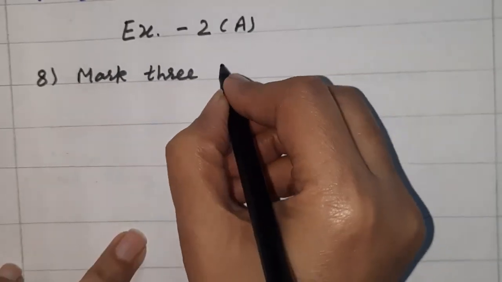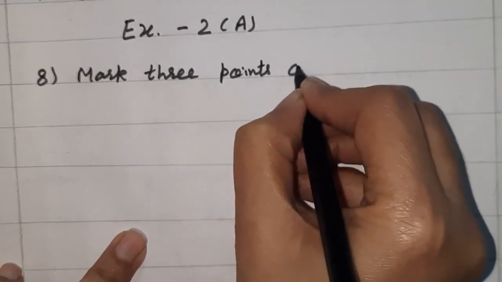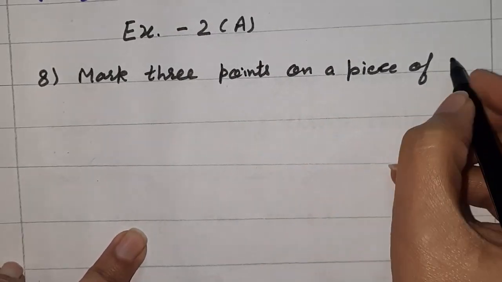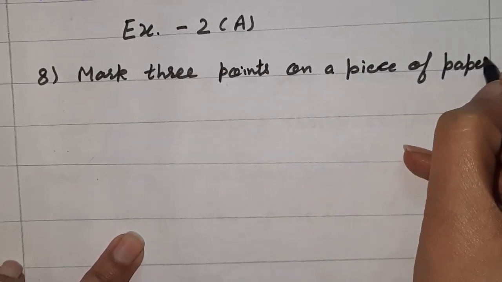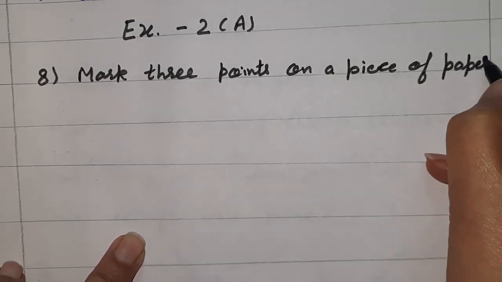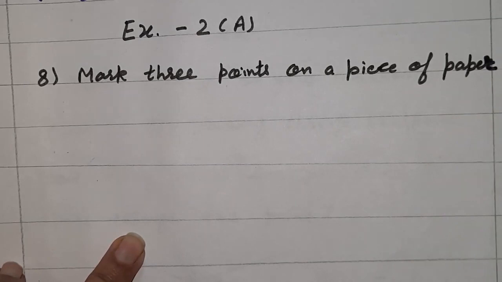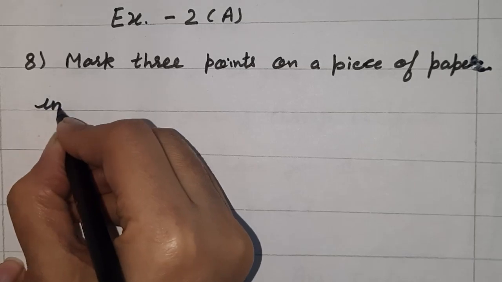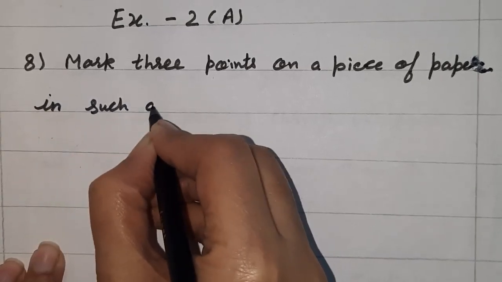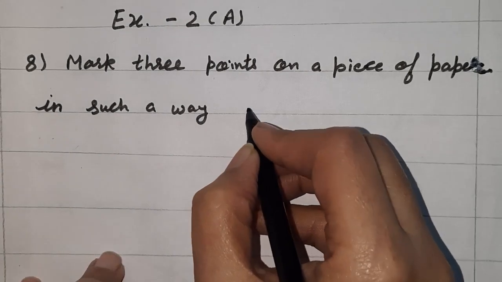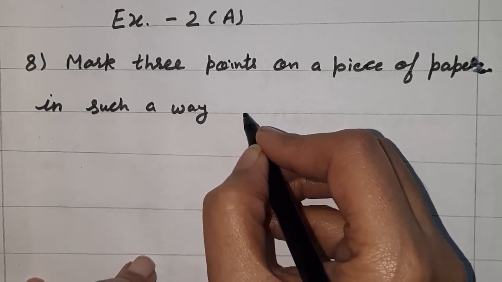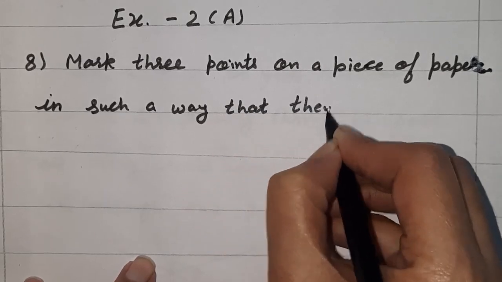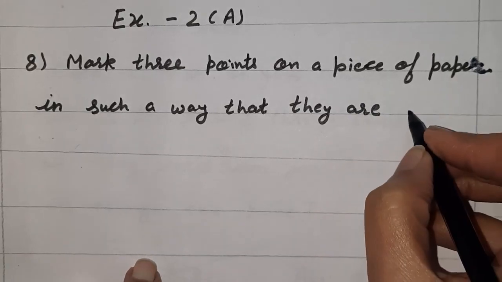Three points you have to mark on a piece of paper in such a way that they are not in a line.